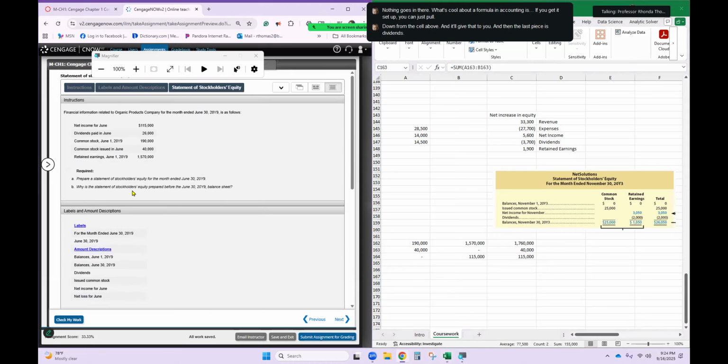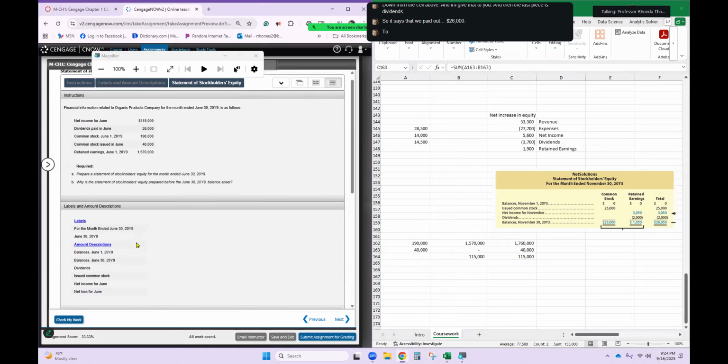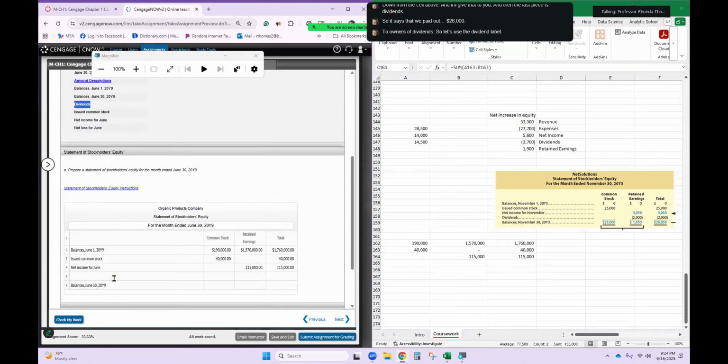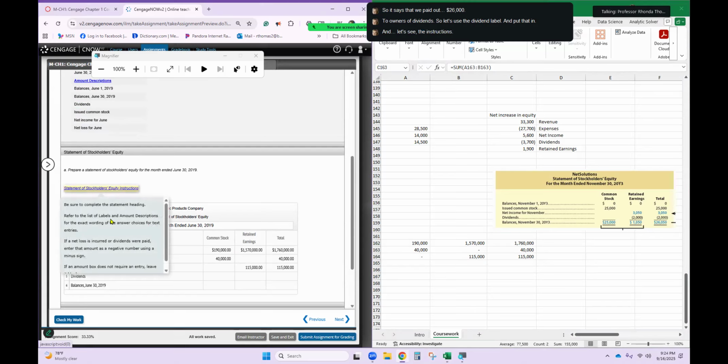So it says that we paid out $26,000 to owners of dividends. So let's use the dividend label and put that in. And let's see the instructions, whether we put a negative in or not. So if a net loss is incurred or dividends are paid, enter the amount as a negative number using a minus sign.